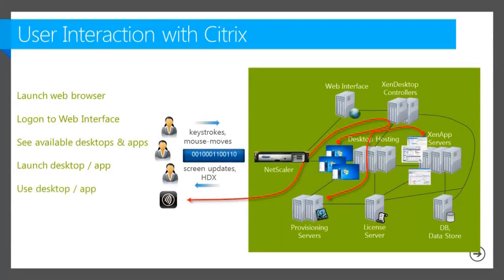Now, after you're successfully connected, you would want to do some work. And this is when you use the desktop or application. This is where end-user experience is important. You need really fluent motion, refreshes and responsiveness to make you productive. And of course, at the end, you would close, and this is the end of the end user's interaction.